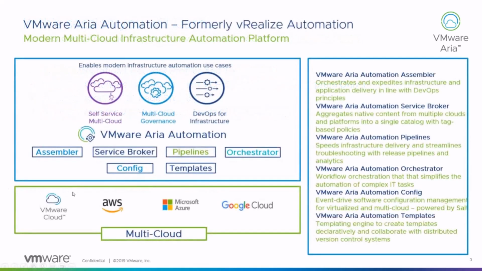Just like the past session, just a quick overview of what VMware Aria Automation is. It's an infrastructure automation platform that delivers a secure self-service multi-cloud environment with governance and resource lifecycle management. And this is across VMware Cloud and native public cloud environments. The idea here is that it benefits organizations and enables faster time to market, governance and resource lifecycle management, as well as accelerated innovation and control.